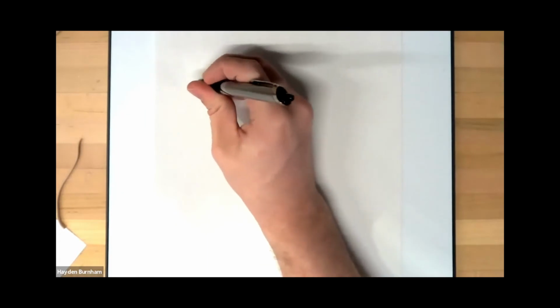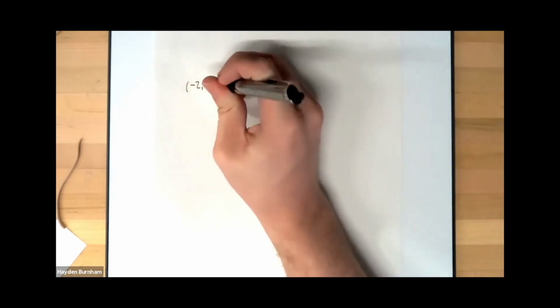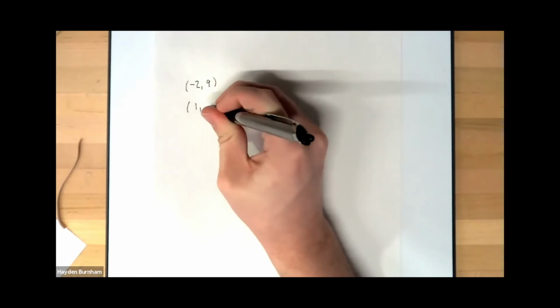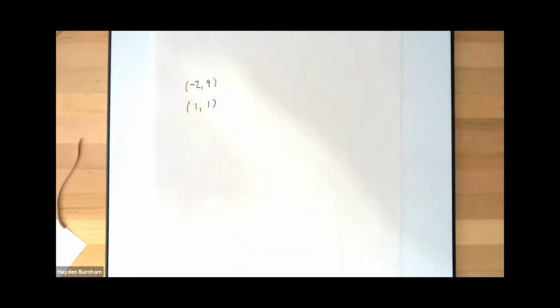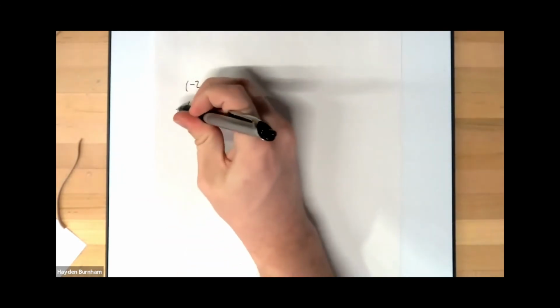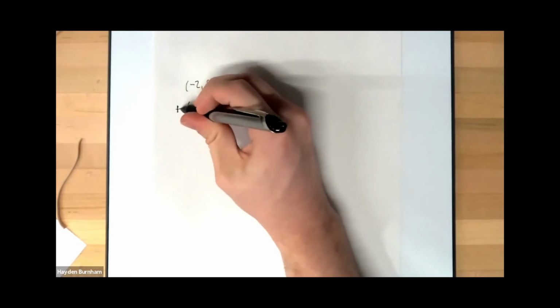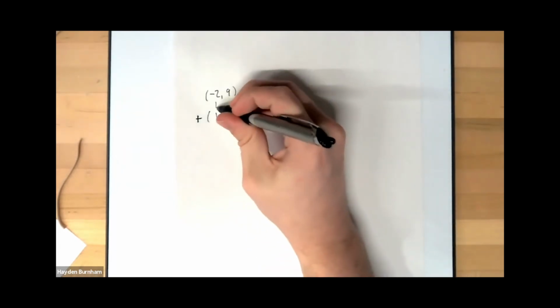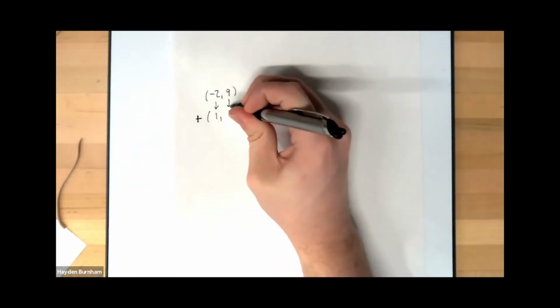So if you want to calculate the sum of these two, you can just add the individual parts. For example, it was -2, 9, and that was 1, 1, right? And we want to add these two together, right? Well, the nice thing you can do is just add the x component and add the y component.